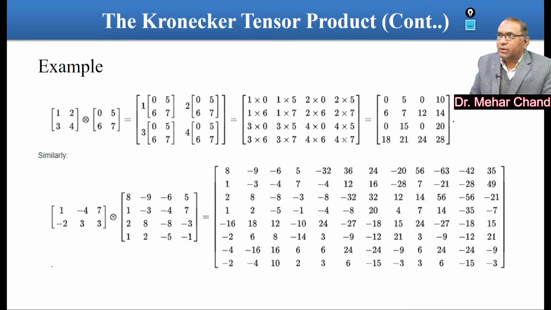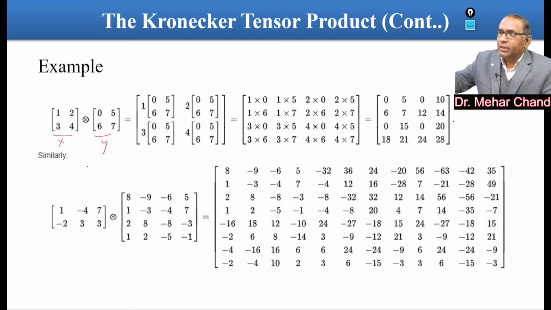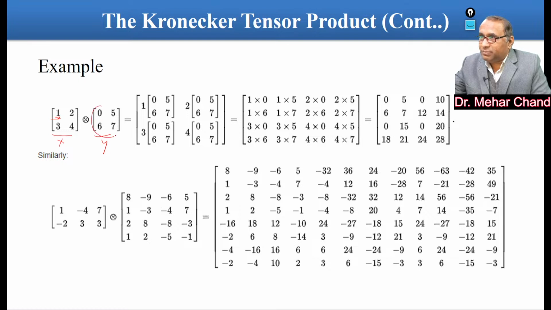See here, we have a very simple example. This is the A matrix, this is the X matrix, this is the Y matrix. So, what are all the possible products? 1 is multiplied with all these elements, 1 into this matrix, then 2 into the same matrix, 3 is multiplied with this matrix B, and 4 is also multiplied with all these elements.